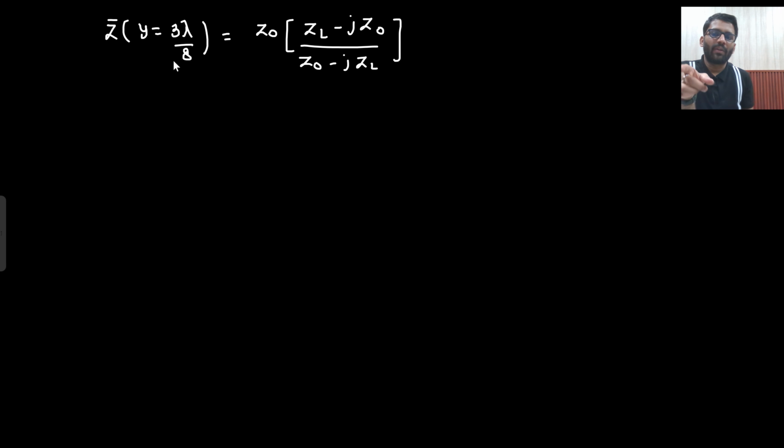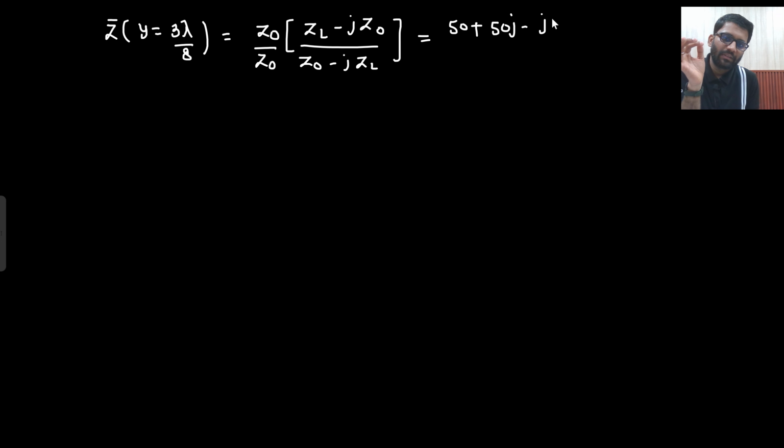And if I need to calculate the normalized one, that means I need to divide by Z naught. So this Z naught will be cancelled, so directly I am calculating the normalized one. What is ZL? 50 plus 50J minus J50, divided by Z naught, which is 50, minus J into 50 plus 50J.